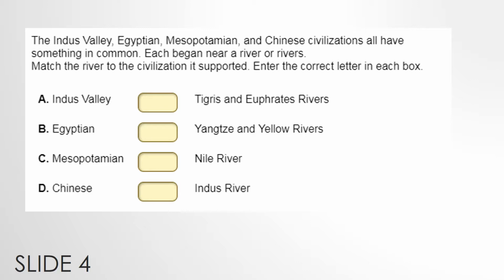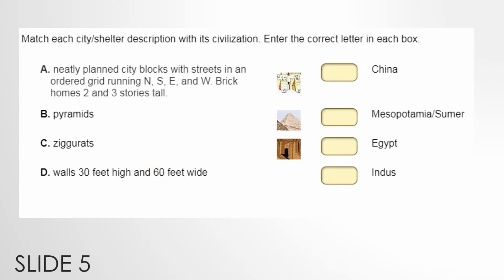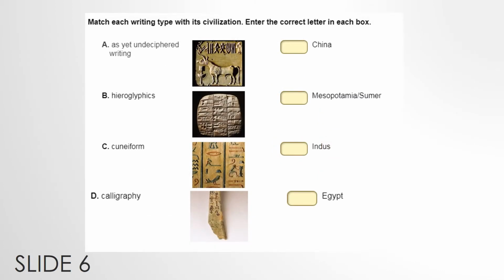It'll ask you several other questions as well, but not only are you going to match those physical characteristics, then you're going to match each civilization to which rivers ran through them. Then you're going to take a look at the shelter, and so which kind of buildings and shelter did each civilization have? Then you will finish up with matching each type of writing to its civilization. So do that and we will review all of this in class together.